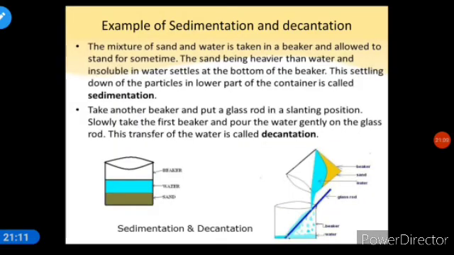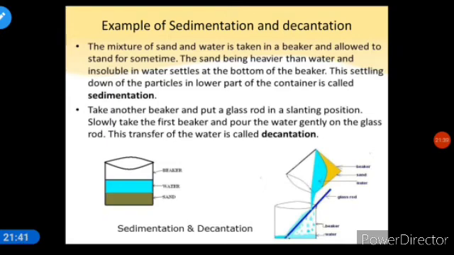Now we can see the examples of sedimentation and decantation. The mixture of sand and water is taken in a beaker and allowed to stand for some time. The sand, being heavier than water and insoluble, settles at the bottom of the beaker. This settling down of the particles in the lower part of a container is called sedimentation.